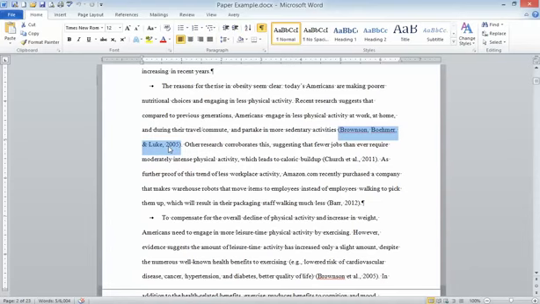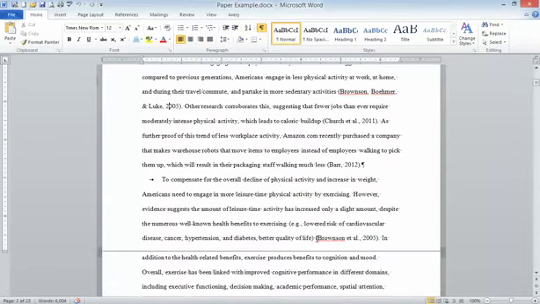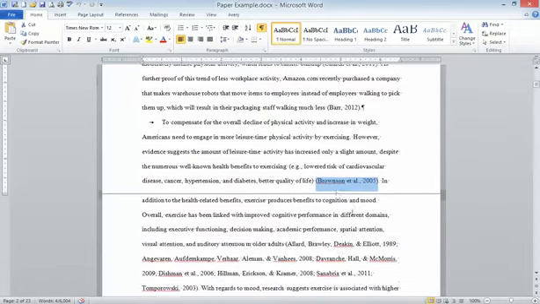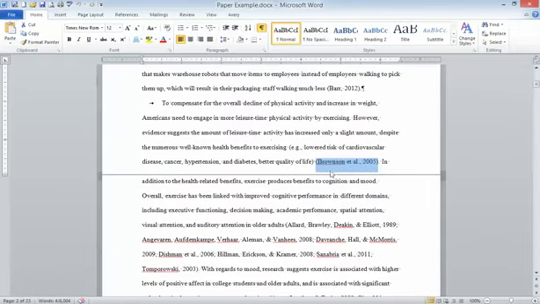But the next time I cite this, I don't need to write out all of the authors again. So instead what I'll do is I'll use the words et al., which means and others. So you still need to write the first author's last name, but then just follow that with et al., and there's a period after the al there, and then a comma, space, the year, all in parentheses, just like before.